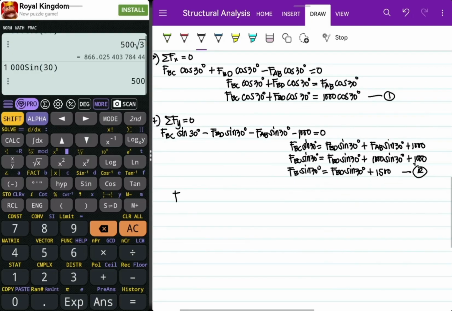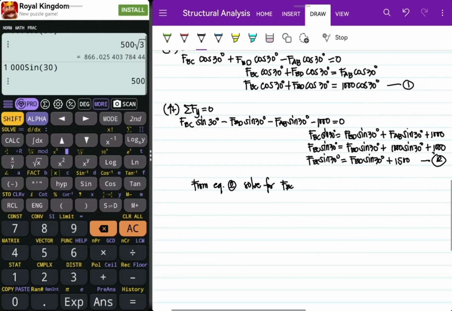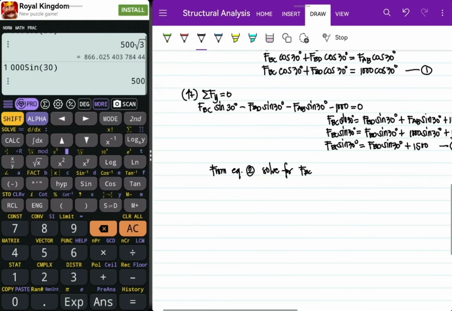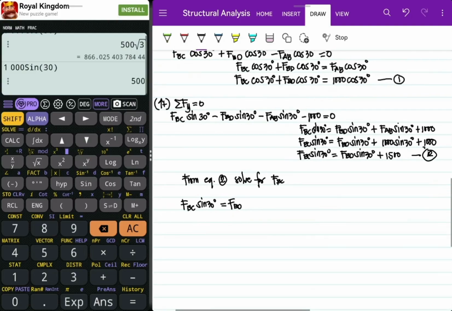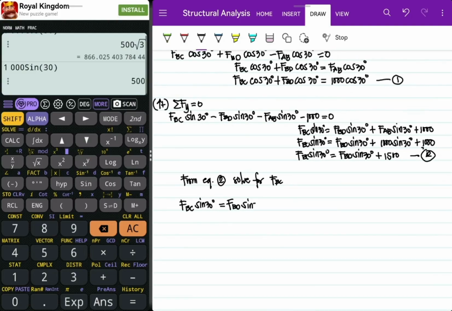So we say this is equation 2. Then from equation number 2, solve for F sub BC. We copy equation 2 first: FBC sine 30 degrees is equal to F sub BD sine 30 degrees plus 1500.